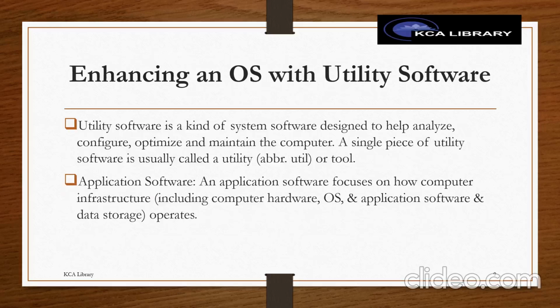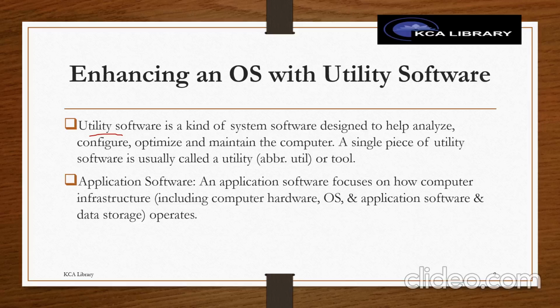Then let us look at enhancing an OS with utility software. Utility software is a kind of system software designed to help analyze, configure, optimize, and maintain the computer. A single piece of utility software is usually called a utility.